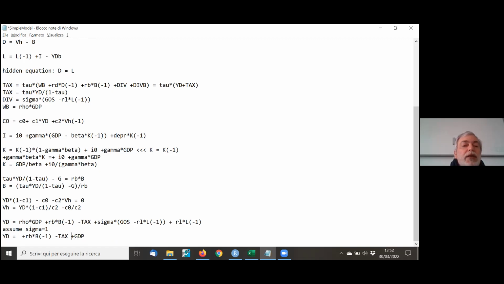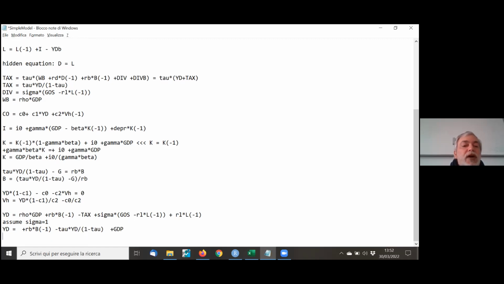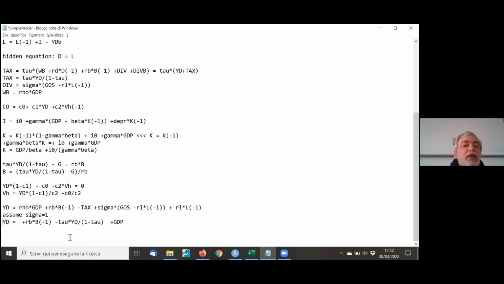and we only have this tax, which can be expressed as this formula relative to YD. So this simplifies like this, bringing this tau, etc., to the left.